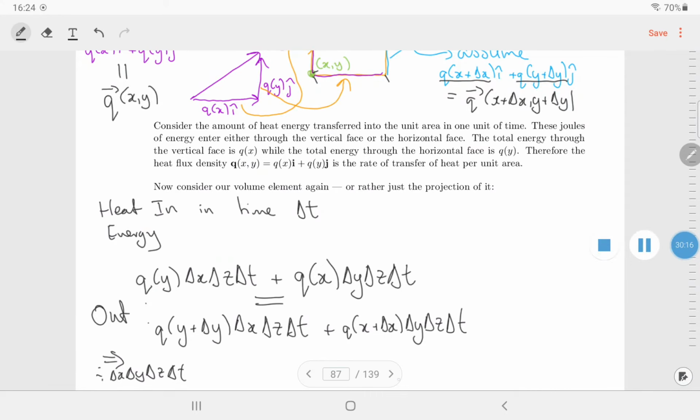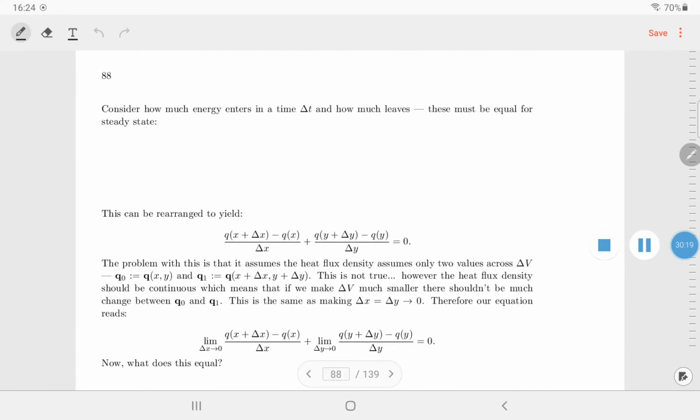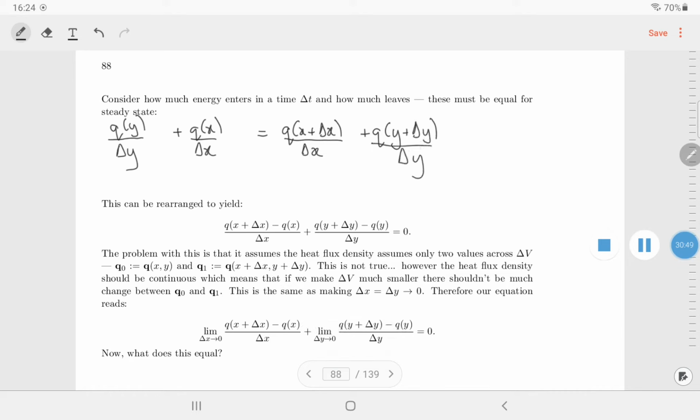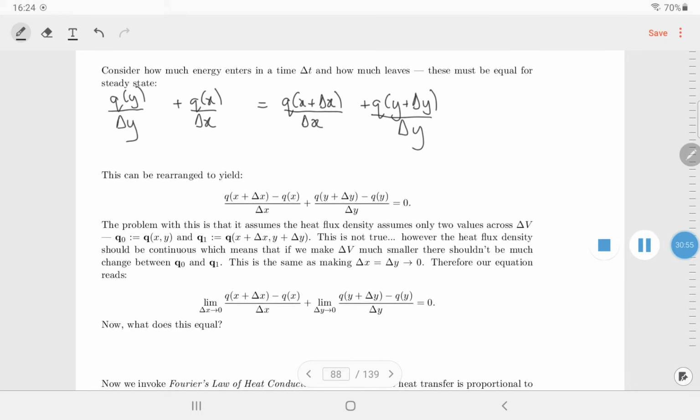If I divide both sides of this, what we will get, if you carefully do that, you'll have q of y divided by delta y, plus you'll have q of x divided by delta x, equal to q of x plus delta x over delta x, plus q of y plus delta y over delta y. And if you take the things on the left hand side away from both sides, then you basically get this formula here.